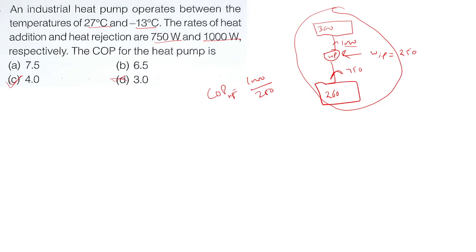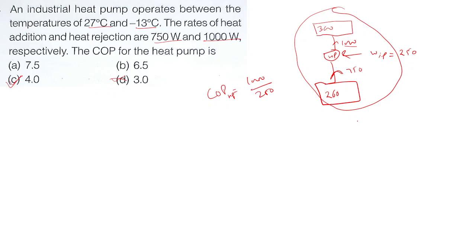Sir, can you tell the difference between overall efficiency, first law efficiency, and second law efficiency? Overall efficiency, first law efficiency and second law efficiency. First law, one minute, I am forgetting it.